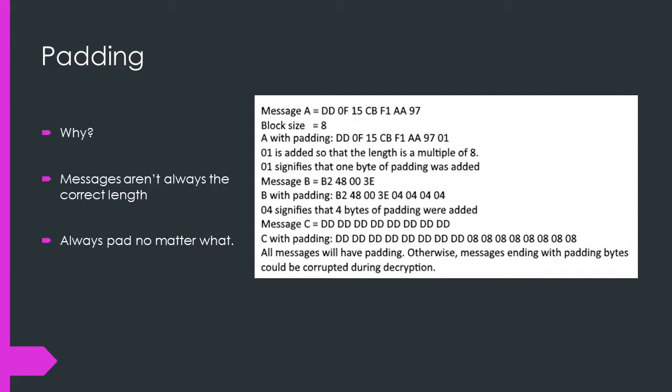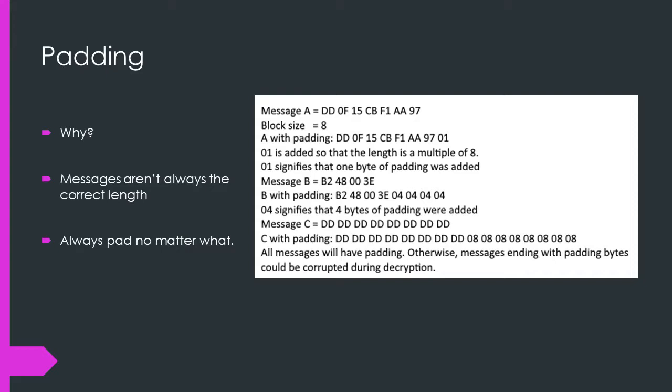For instance, if our block length is 16 bytes, but our message has size not divisible by 16, let's say 9 bytes long, then in order to make its length a multiple of 16, we have to pad the length by 7 bytes, which is the difference between the block length and the message length.